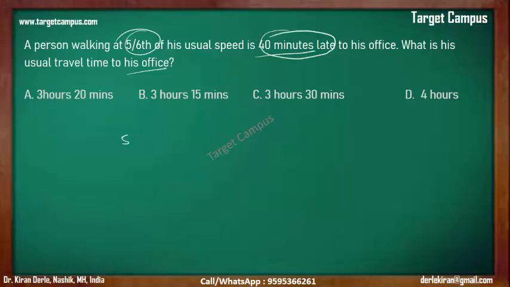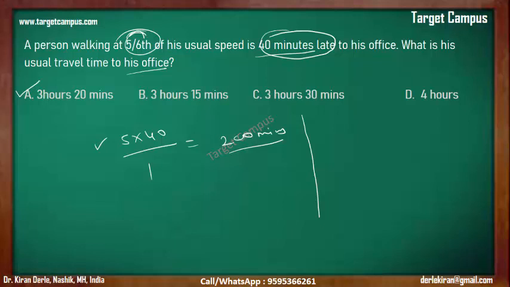What you have to do is multiply the numerator with whatever time is given, divided by the difference of 5 and 6, numerator and denominator, that is 1. So your answer will straight away become 200 minutes, right? So 200 minutes is nothing but 3 hours 20 minutes. There was another way also, but this is the shortcut trick. You have to practice this, right?